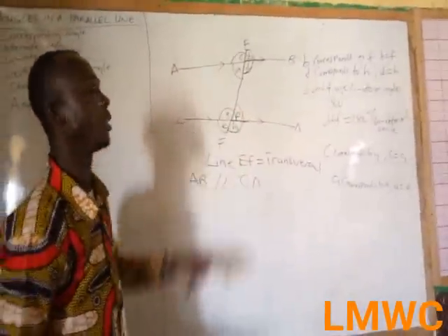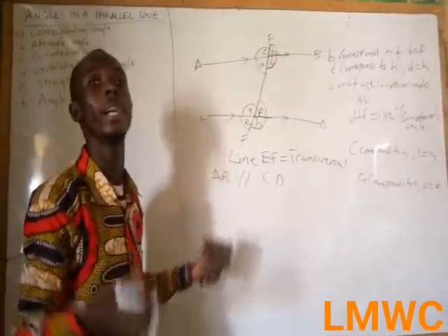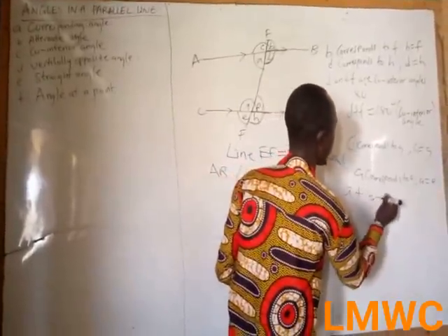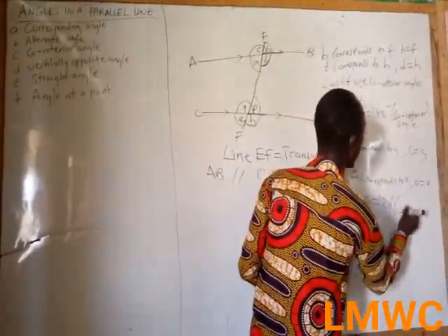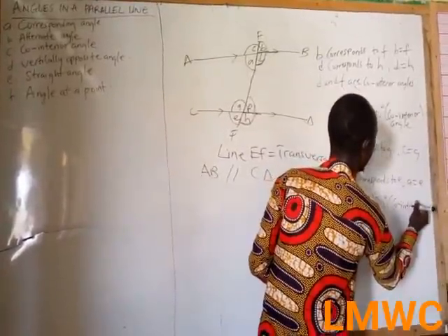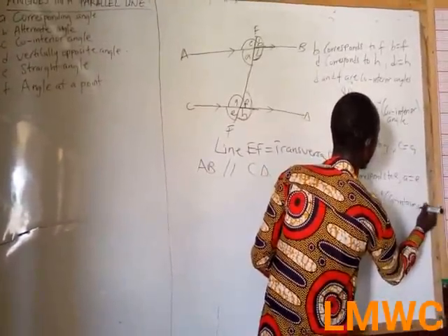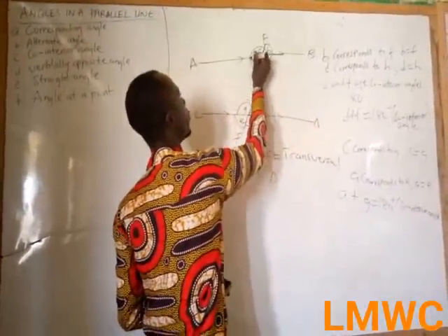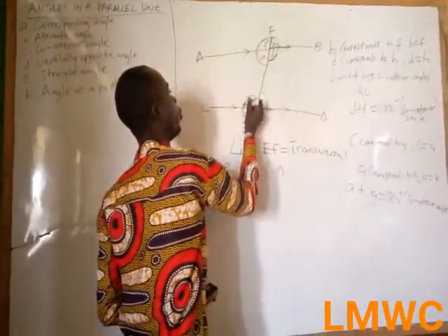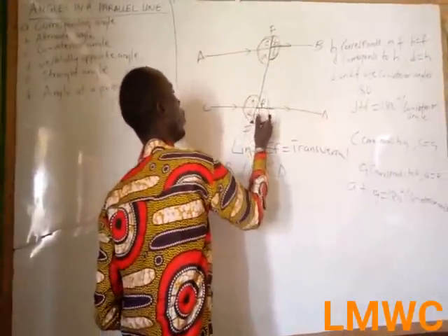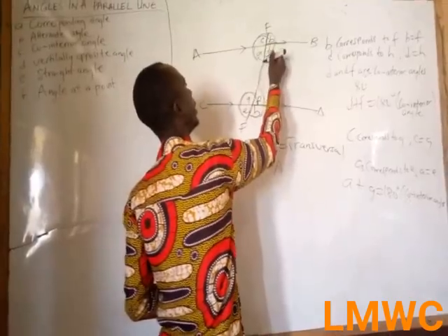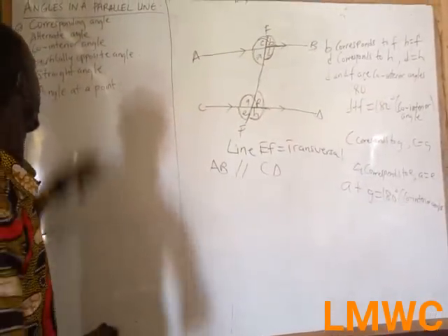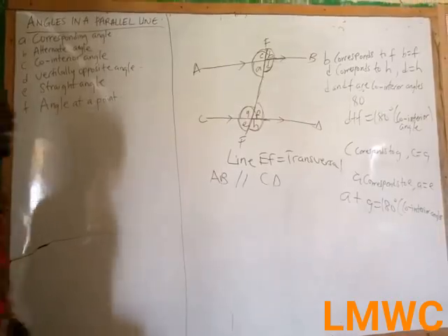A and J are co-interior angles, and co-interior angles add up to 180 degrees. A plus J is equal to 180 degrees. And we also have angles on a straight line here, which add up to 180. B plus J gives us 180 because it's a straight angle, and A plus C gives us 180 degrees.